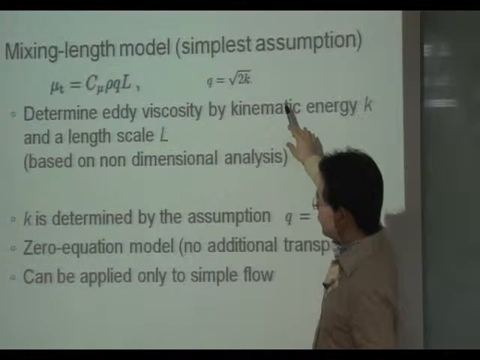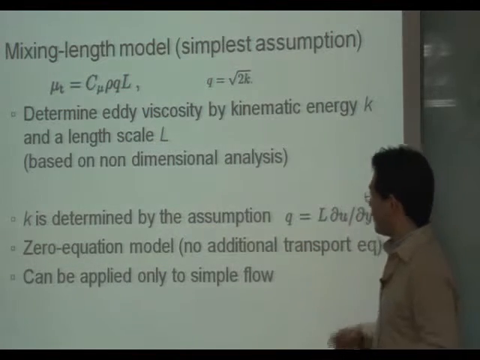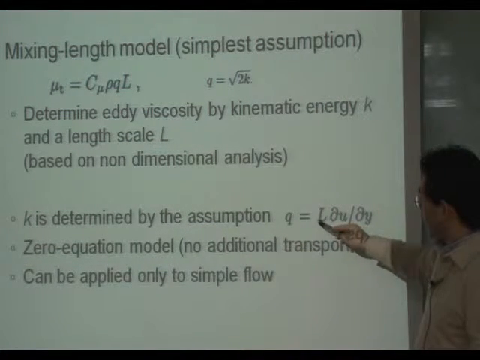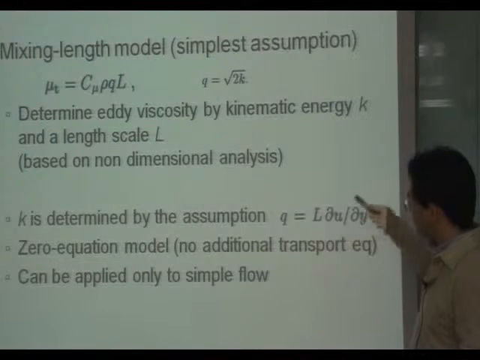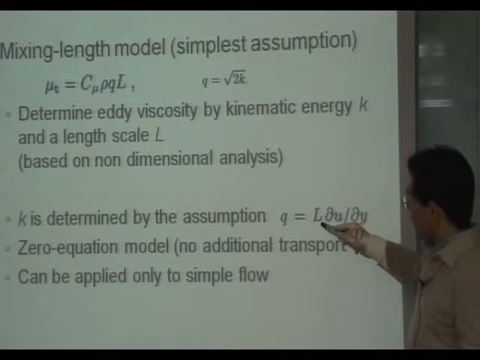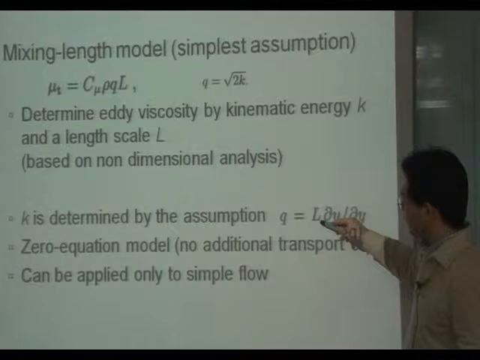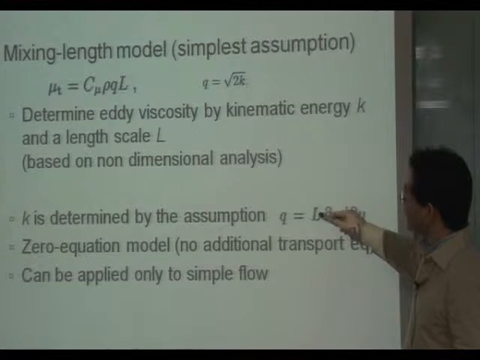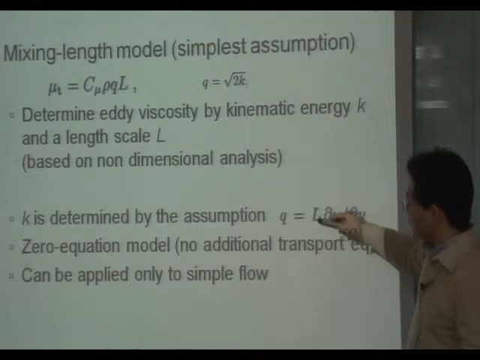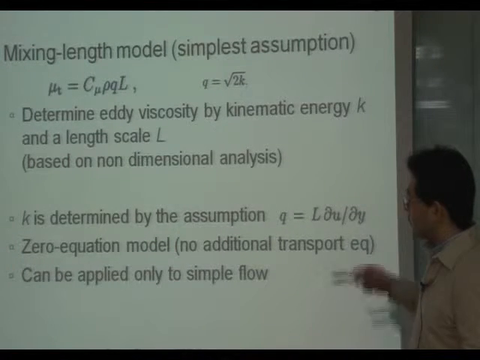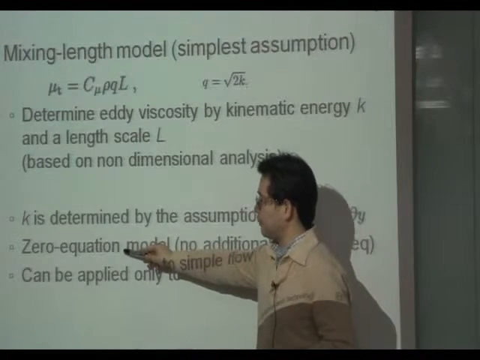K should be determined by the assumption that Q is proportional to the velocity gradient, and we have to define the function L. L is not constant, so some consideration is required to determine this one. This is a kind of zero equation model.